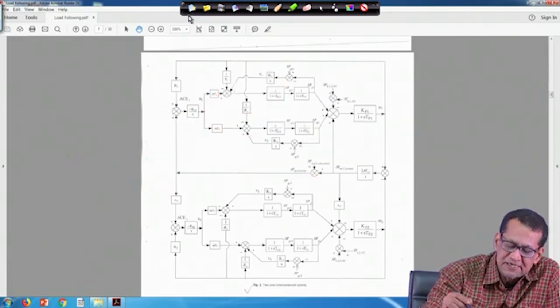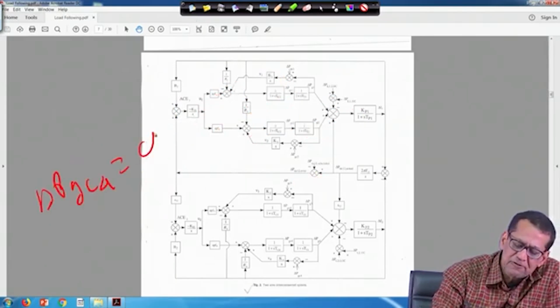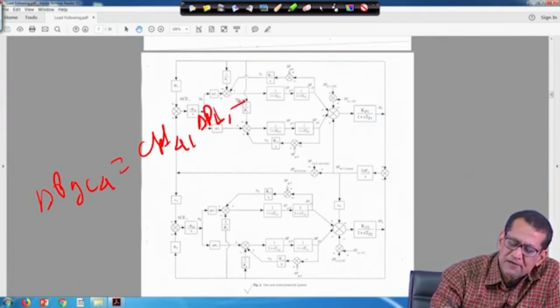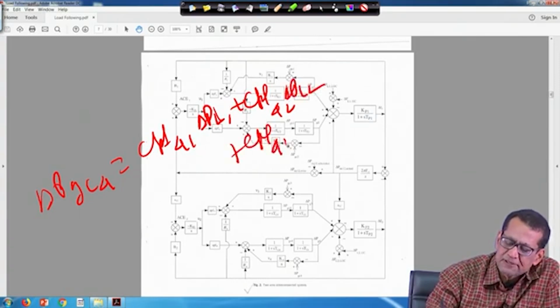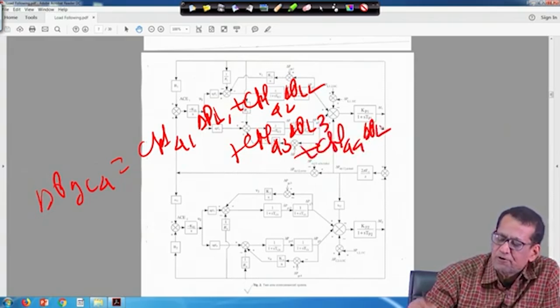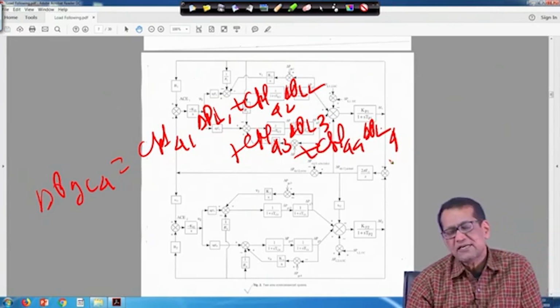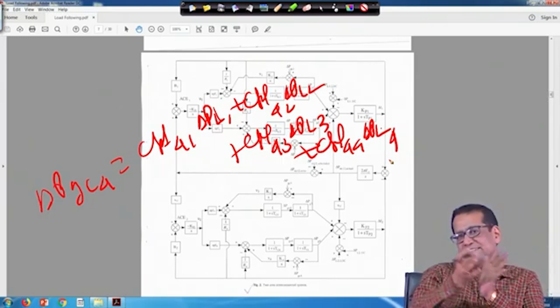Similarly, delta PGC4 is equal to CPF41 delta PL1 plus CPF42 delta PL2 plus CPF43 delta PL3 plus CPF44 delta PL4, right. So, this is the power that the various distribution companies have contracted.